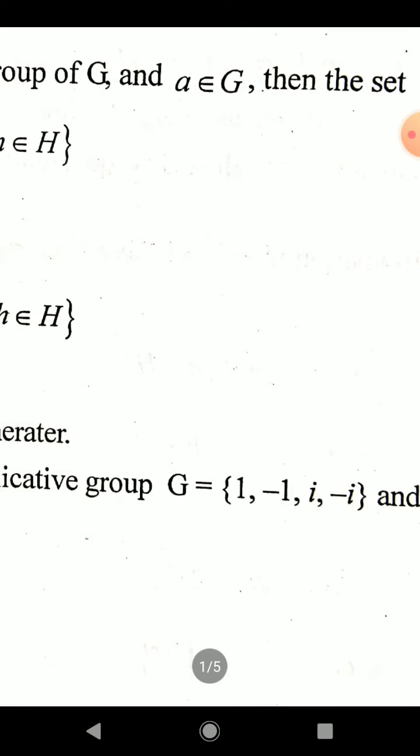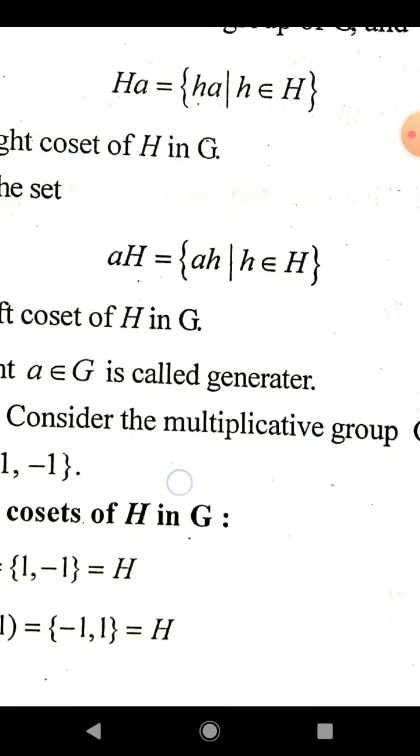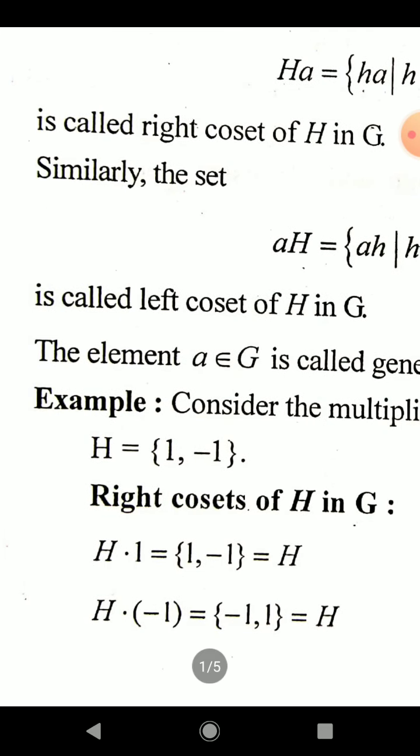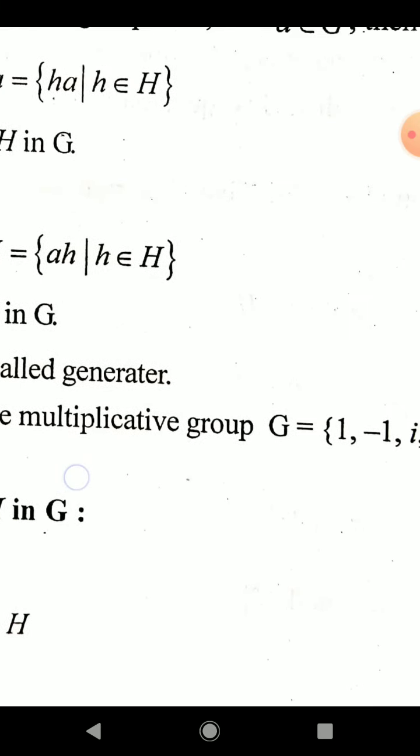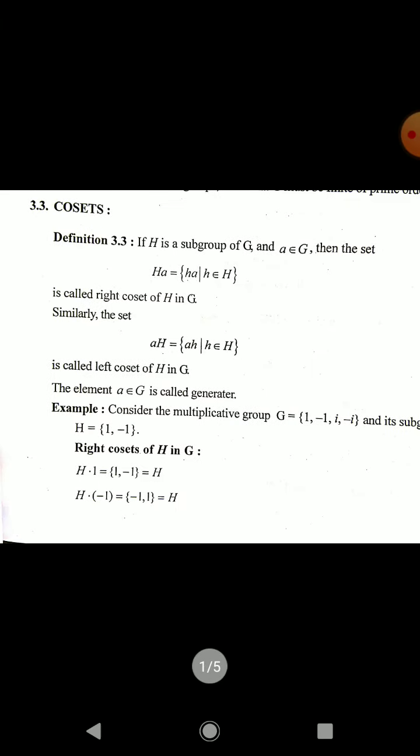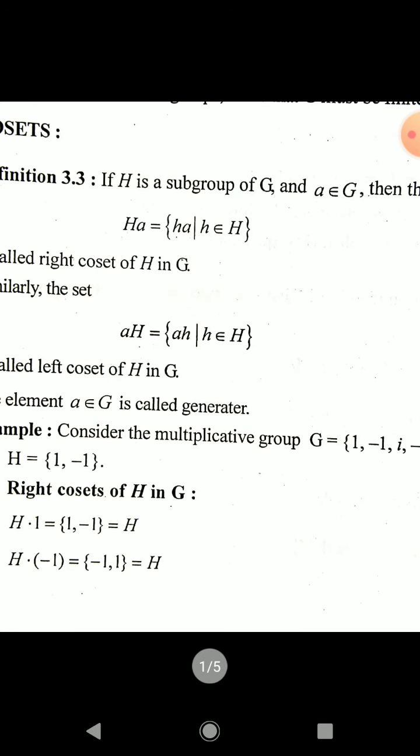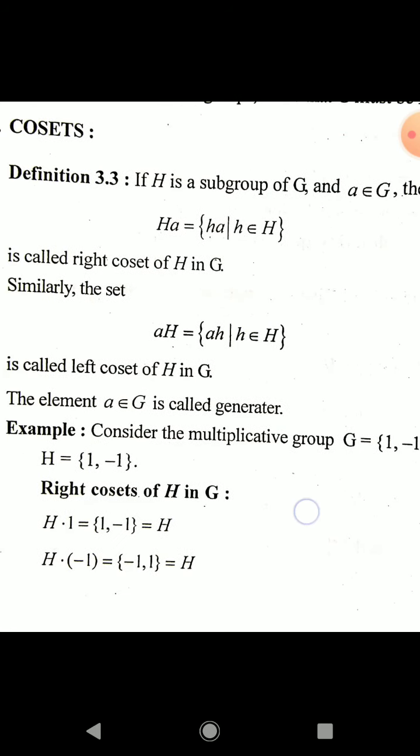It is a group of order 4. And consider its subgroup having only two elements, 1 and minus 1, because 1 and minus 1 are elements of the group also. Therefore, H = {1, minus 1} is a subgroup of Z.